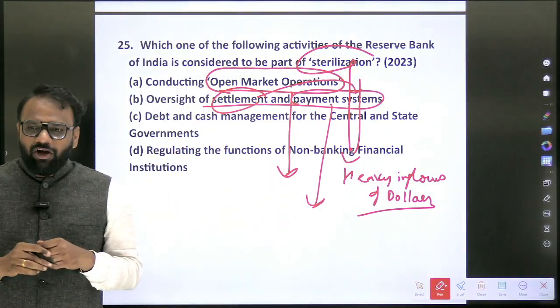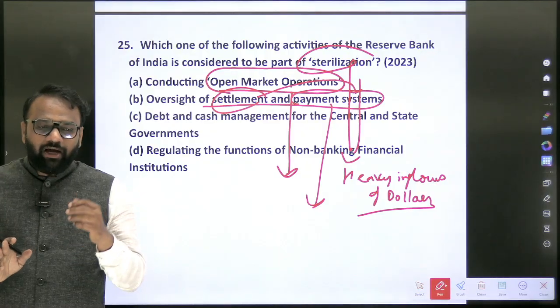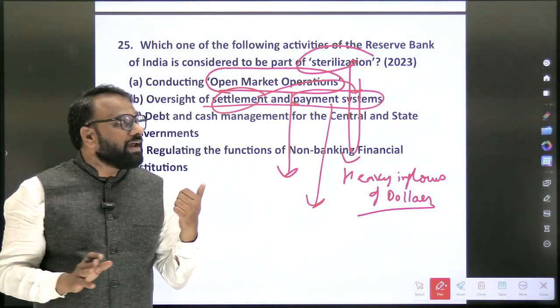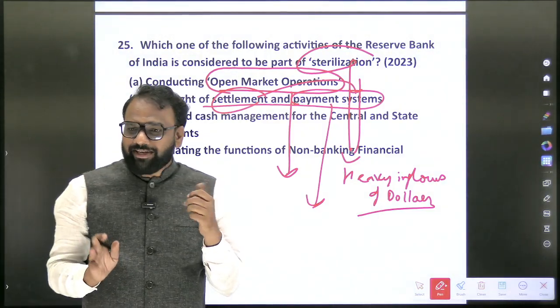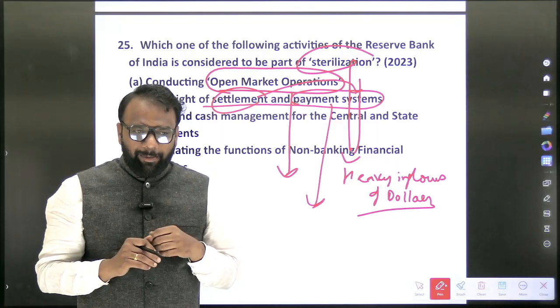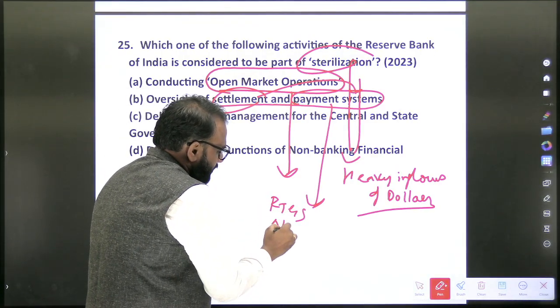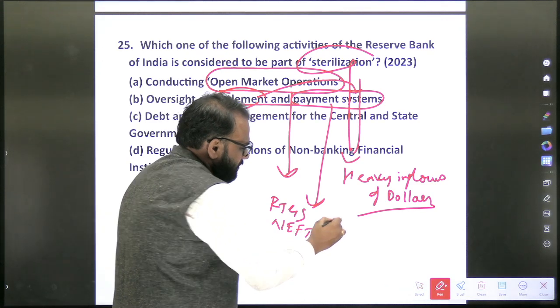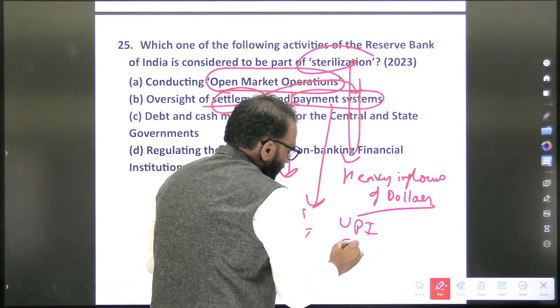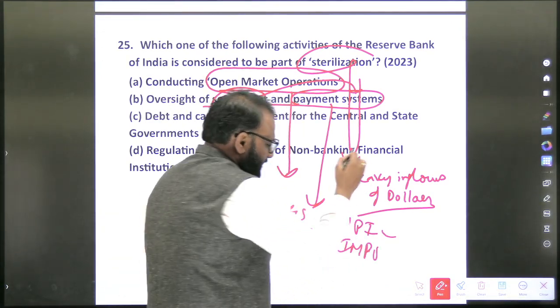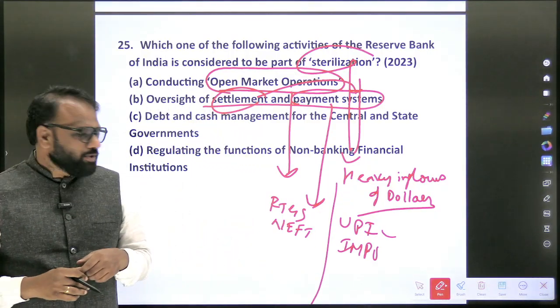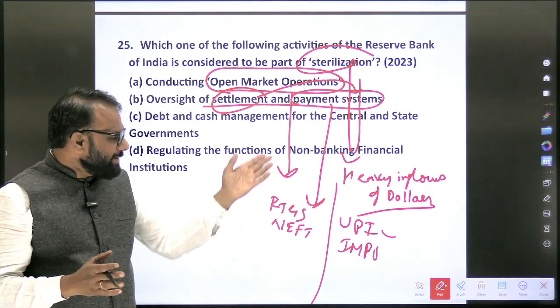I have listed the payment systems as well, and in the previous class we also came across a few payment systems. Can you recall a few? RTGS, NEFT, UPI, IMPS, and many other things.